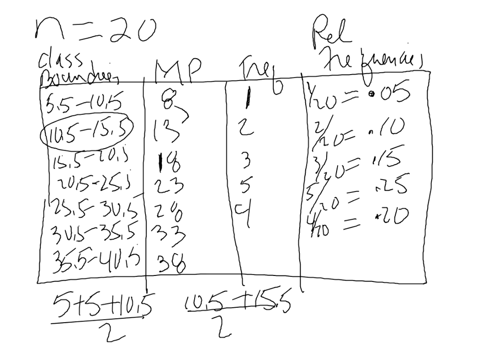And then we have 3 out of 20 and 2 out of 20 to finish off. Okay, and you notice that if we add all these relative frequencies up, they add up to 1.00 because we've accounted for each of the 20 frequencies in their individual classes.